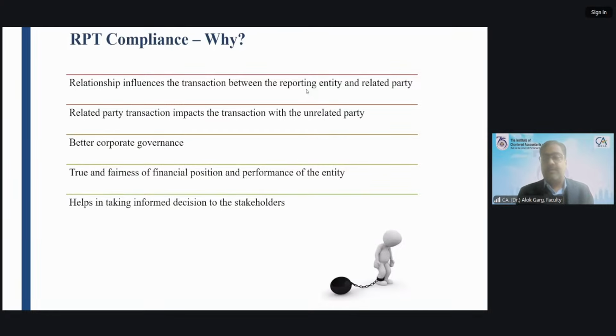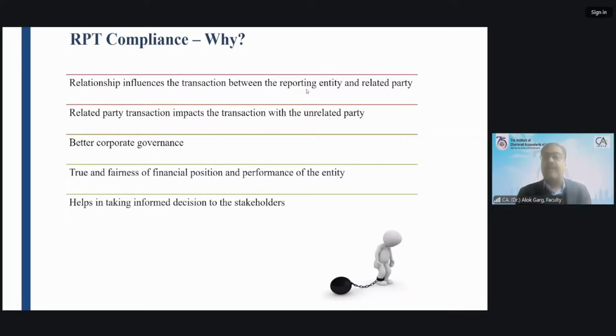But that may not be possible if the parent sells goods to a third party or an unrelated party. Since the subsidiary is the child of the parent, the parent may sell the goods to the subsidiary at cost. Since these kinds of transactions may happen with the related party, it is important to hold some governance around them, right?